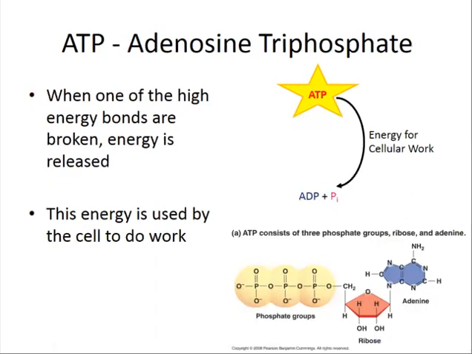The breaking of ATP bonds is an exergonic reaction. When broken, it releases energy, and in this case, ADP in this image is adenosine diphosphate. Cells use this energy to perform various forms of work that we'll look at until the last slide of this lecture.